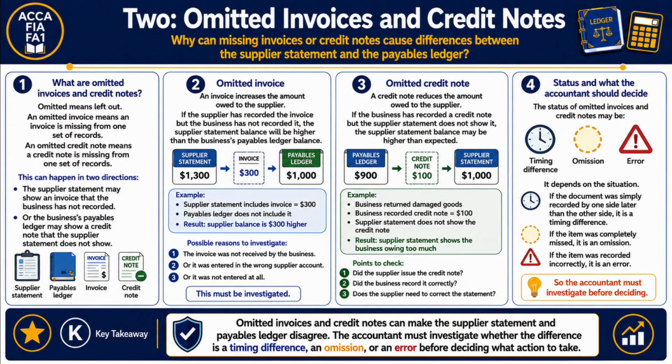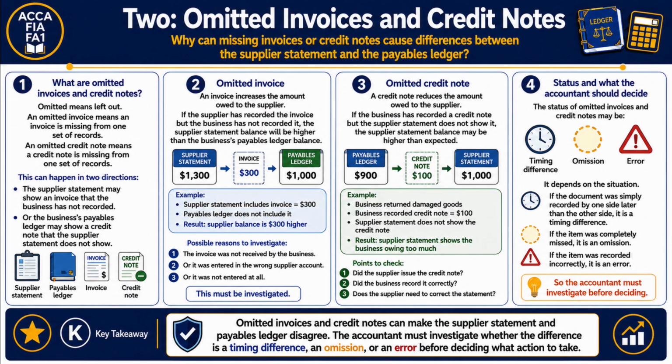Omitted invoice. An invoice increases the amount owed to the supplier. If the supplier has recorded the invoice, but the business has not recorded it, the supplier statement balance will be higher than the business's payables ledger balance. For example, the supplier statement includes an invoice for $300, but the business's payables ledger does not include it.